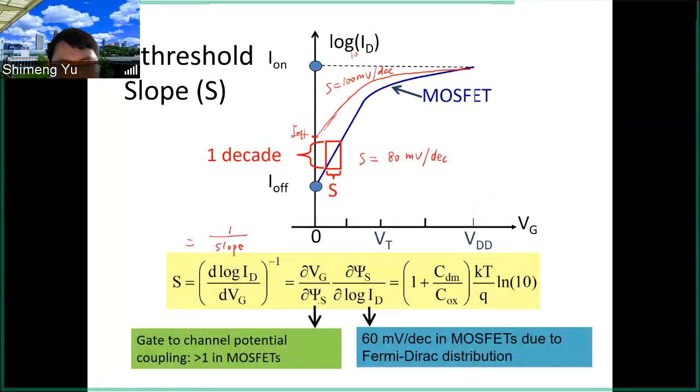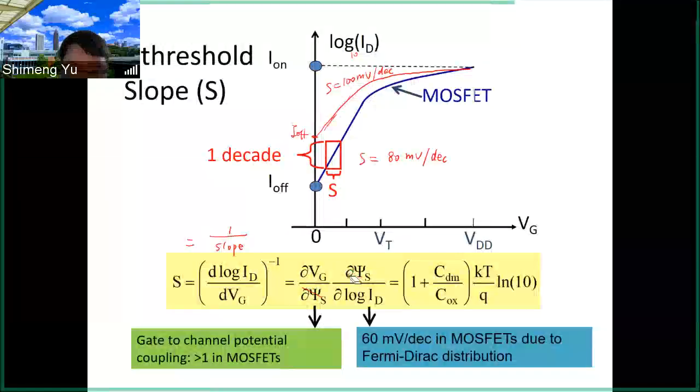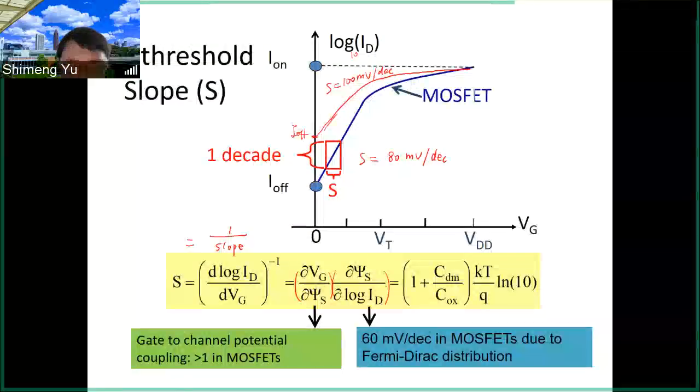The phi s is the surface potential. You can cancel those two. So basically you have 2 components here. The first one is the gate voltage change with respect to the phi s, the surface potential's change.